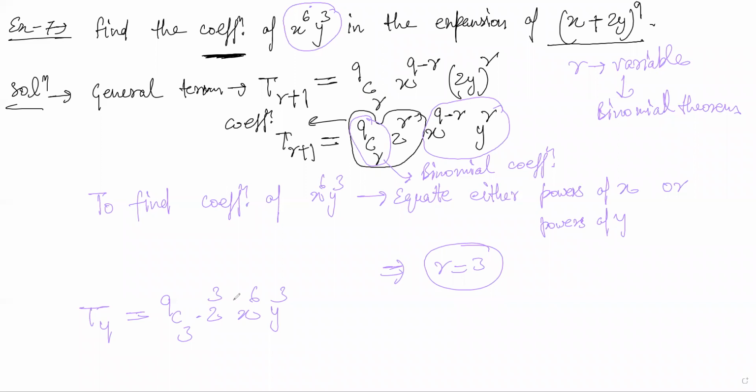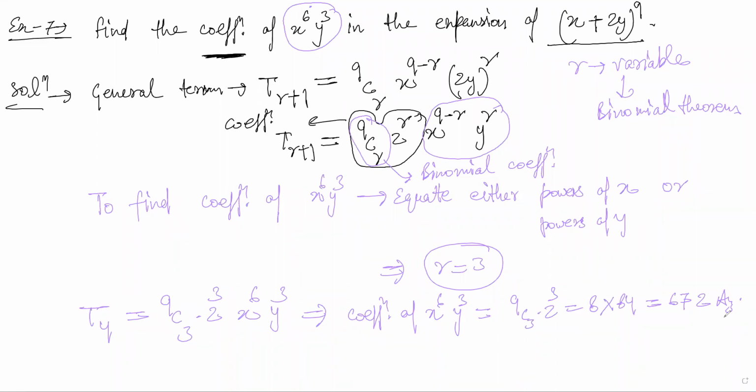What do we need to find out? We need the coefficient of x to the power 6 into y cube. So the coefficient will be 8 into 9·8·7/6, which is 84. That should be the answer: 672 is the coefficient of x to the power 6 into y cube.